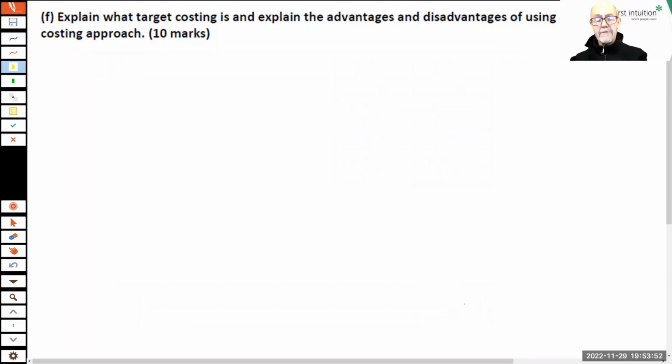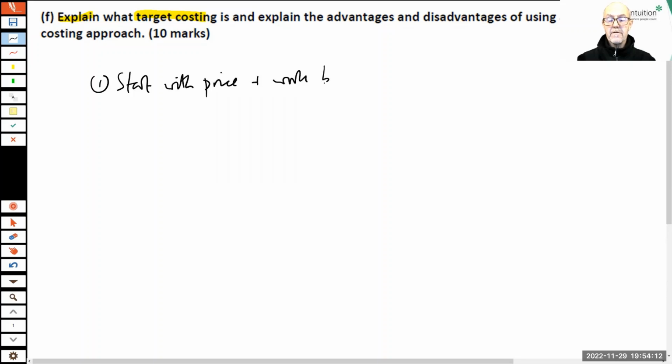We'll not spend an hour discussing this because we already did: explain what target costing is. But what we can look at is the advantages and disadvantages. What it is, you start with a price, and you work backwards.